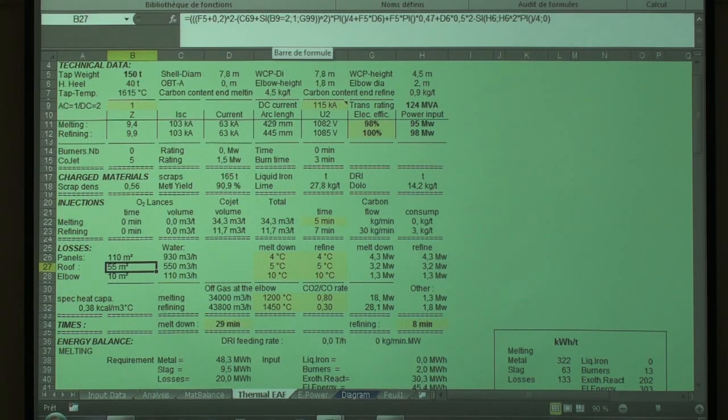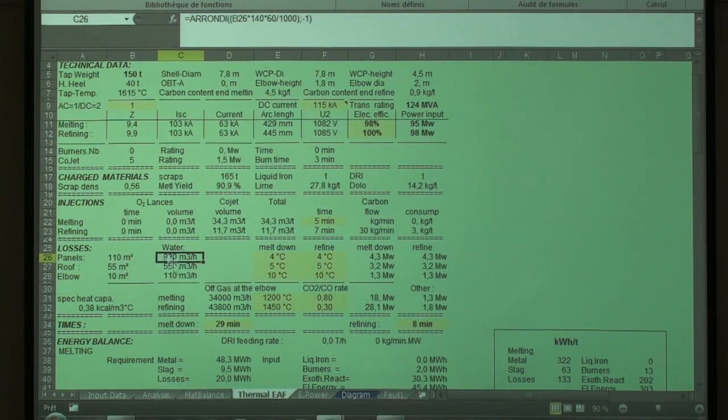So you will see this in detail if you need. And from the surface, I calculate the water requirement. So this was the formula of Mr. Hill. I didn't invent this formula.